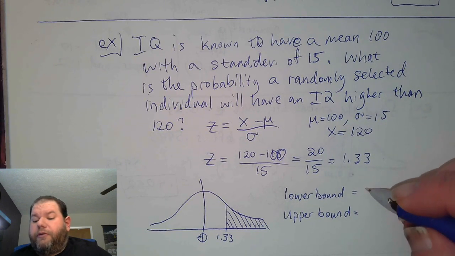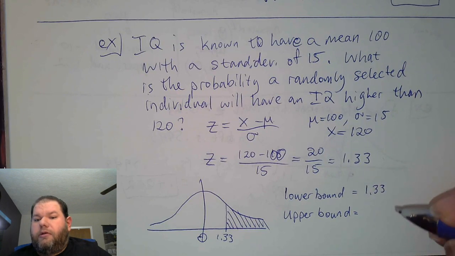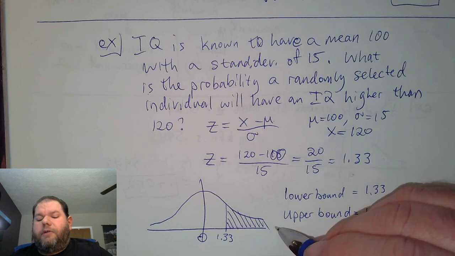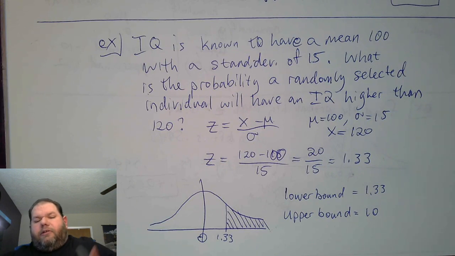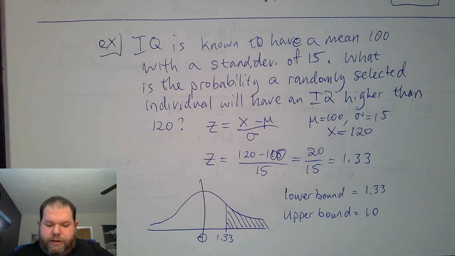Lower is 1.33, and the upper is 10. Yeah, 10 for upper and a negative 10 for lower if it just keeps going and doesn't stop at any point. That one takes a little bit to remember, but it's not too bad. I used to use 4, but 4 was not quite good enough, and 10 is easier to remember anyway.